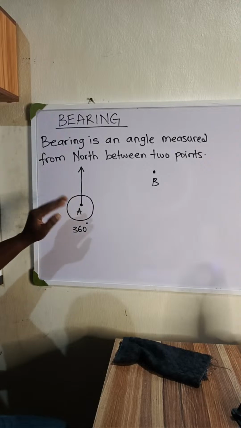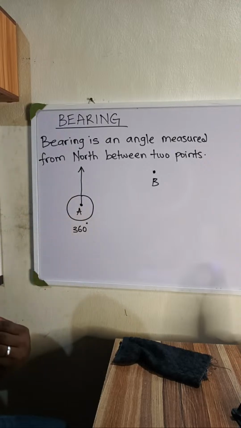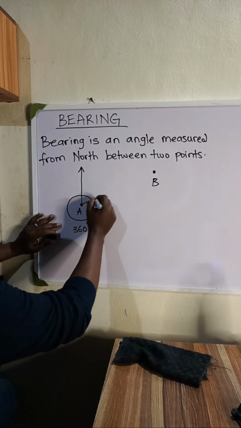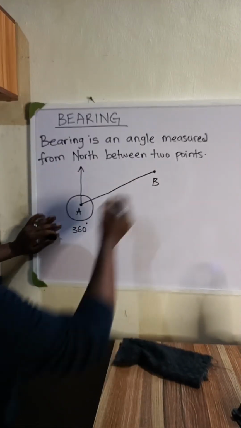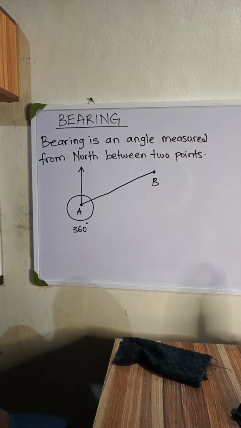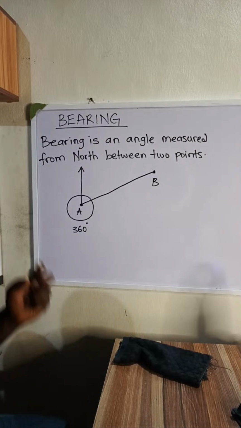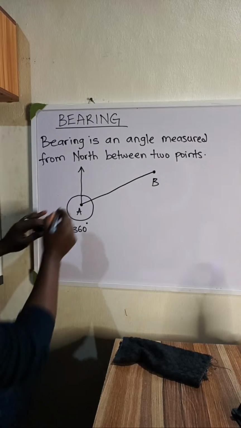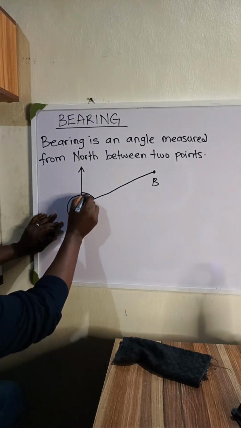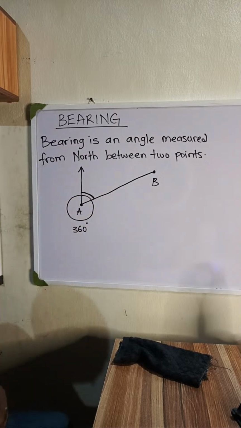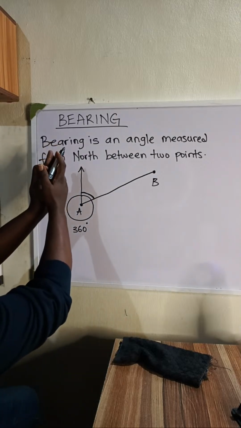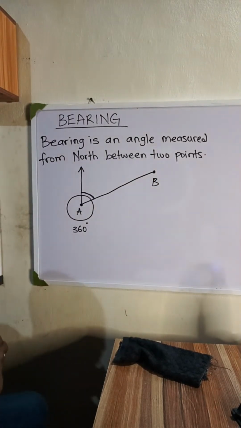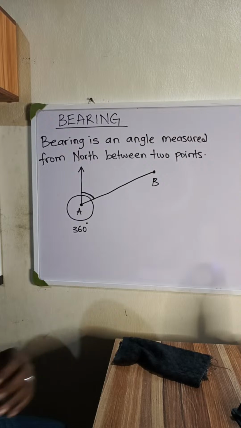So the direction of B from A is the angle you are going to turn before you face B. So if you want to know the bearing of B from A, you are going to check this angle. This angle you are going to turn from facing north, the angle you are going to turn before you can go towards B. That determines the bearing.